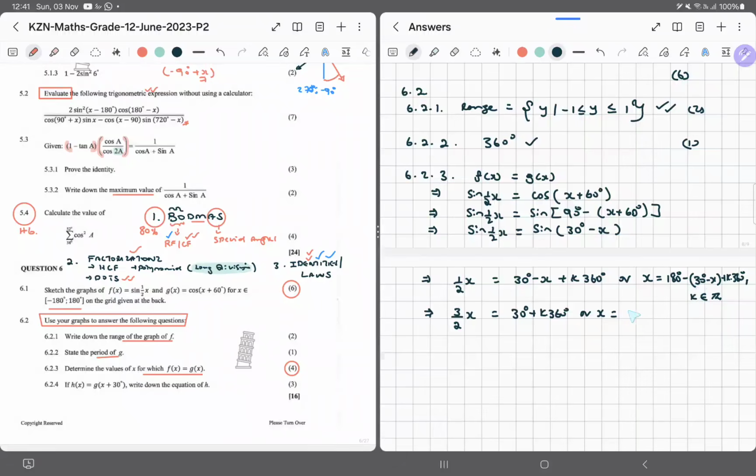180 minus 30 is going to be 160 degrees. No? 180 minus 30 is 150 degrees. Then plus x is equal to 150 degrees plus k times 360 degrees, where k is an element of integers.